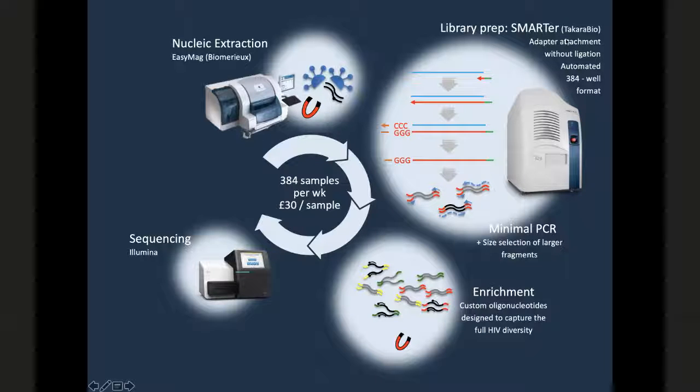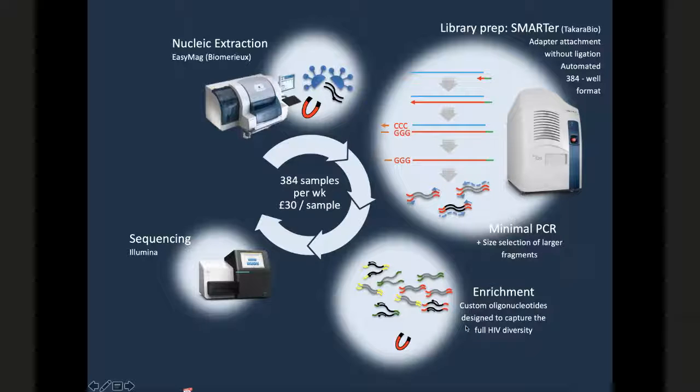It is a way of generating your library within a single reaction without the need for enzymatic ligation steps. It's highly efficient. It does a good job of adding your adapter sequences and your index, which you need to index your libraries, without cleanups and steps that can lose material along the way.